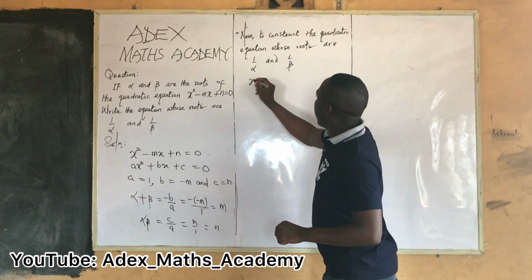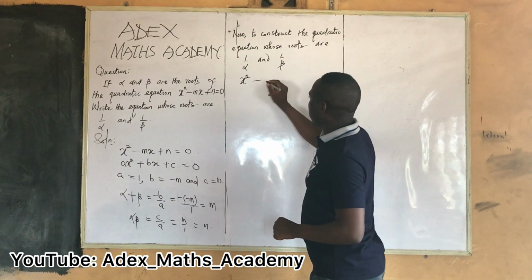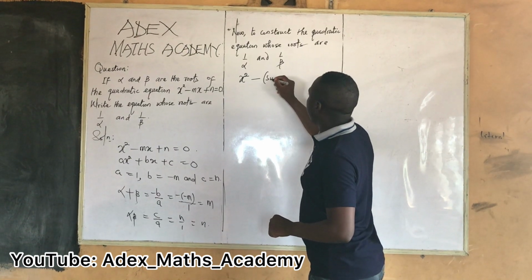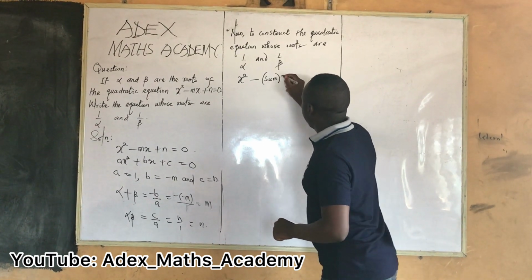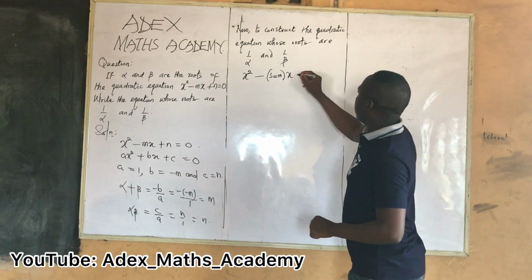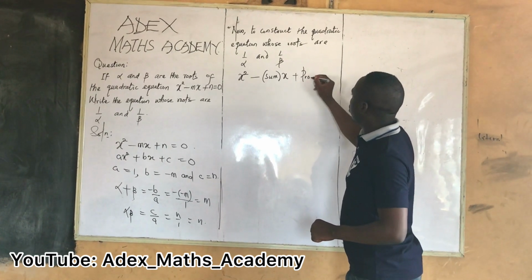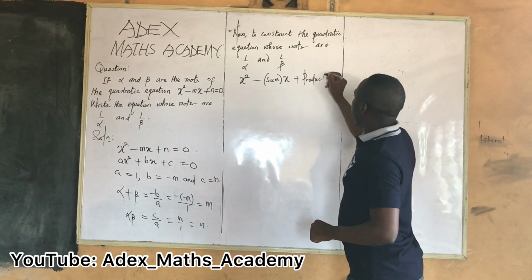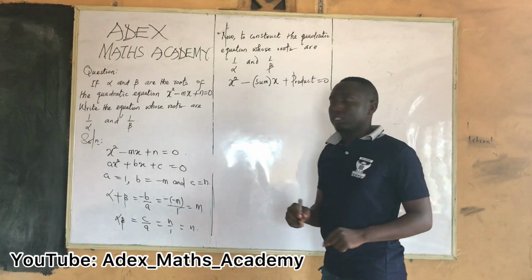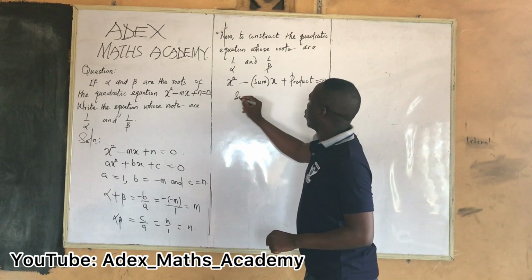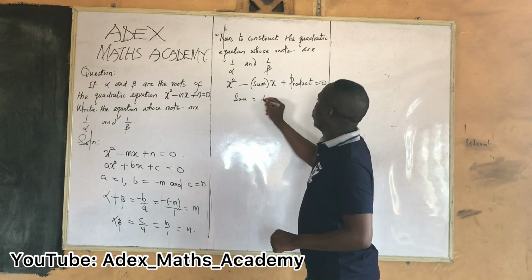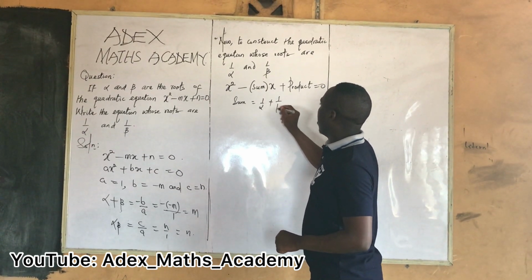We are going to have x squared minus the sum of the roots multiplied by x plus the product of the roots, everything equals 0.